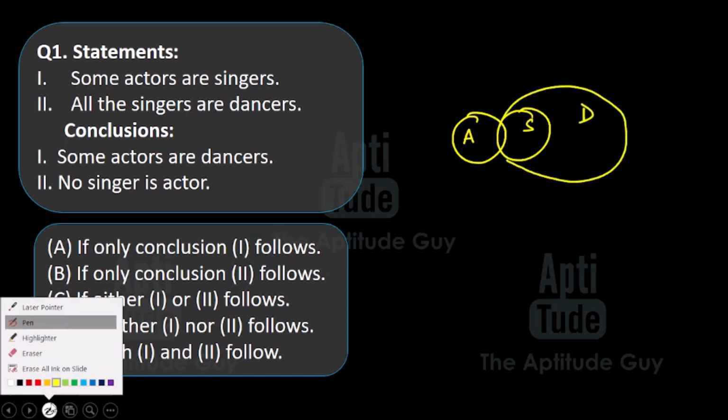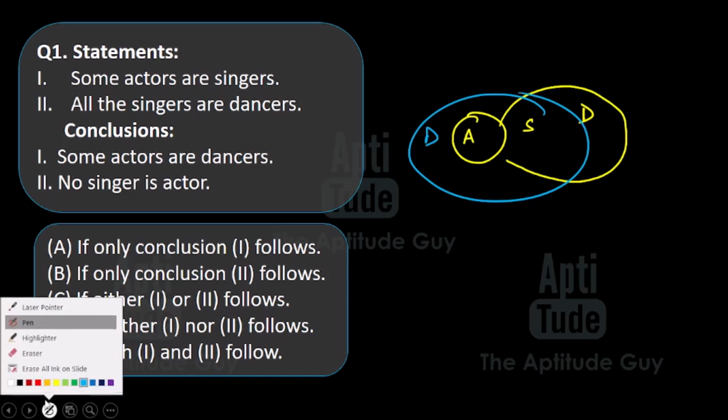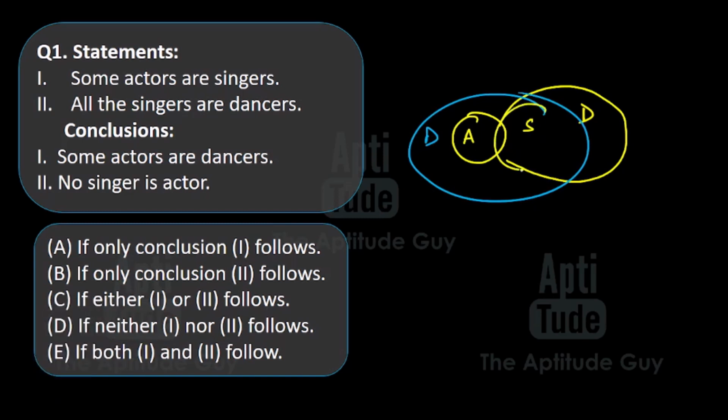And the second possibility is all the singers are dancers like this. Now what is the difference between these two? The difference is that in the yellow possibility, all singers are dancers, yes, but only some actors are dancers right here. And in the blue possibility, all singers are dancers again and all actors are also dancers.